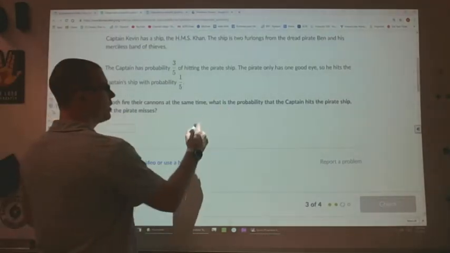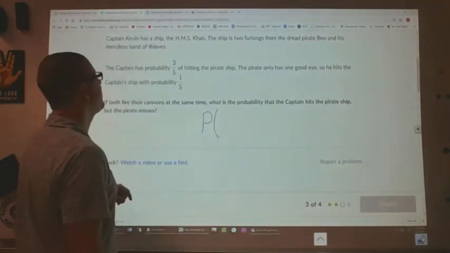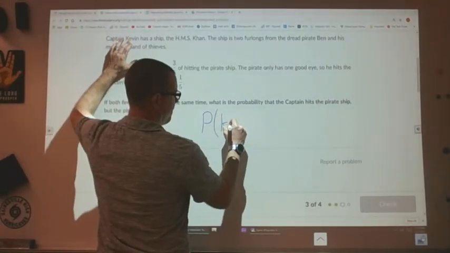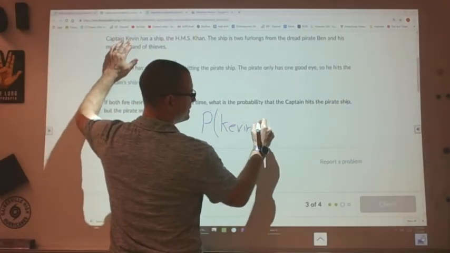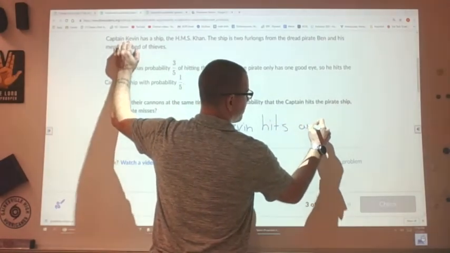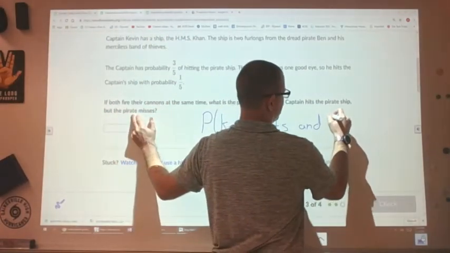So we want to know the probability that Captain Kevin hits and Pirate Ben misses.